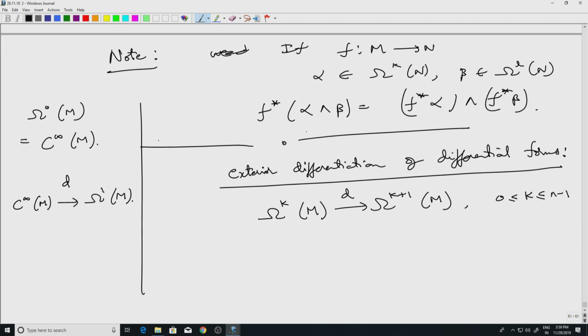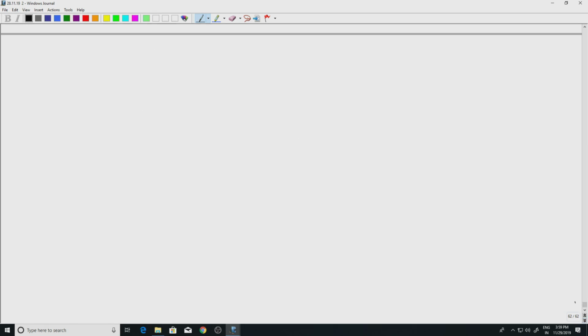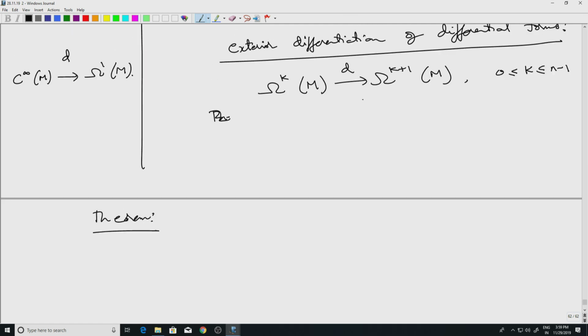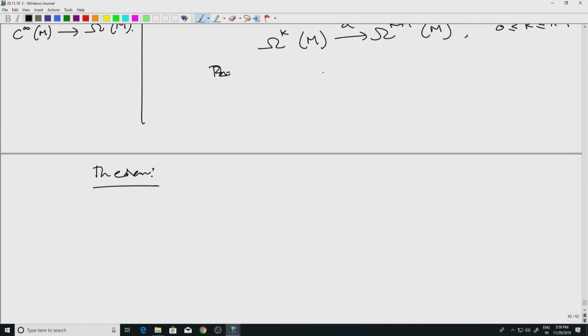The way we go about it is, let me first give the statement, then we'll see. So, theorem, maybe I'll write it on the next page. This theorem asserts that there is a map d like this, which has various properties.